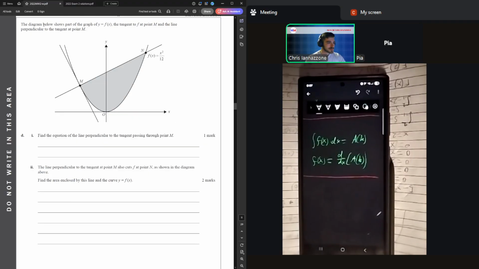All right, here we go. We've now got a normal line, a perpendicular line, coming off of M. Find the equation of that line. How do we do the perpendicular version of that?